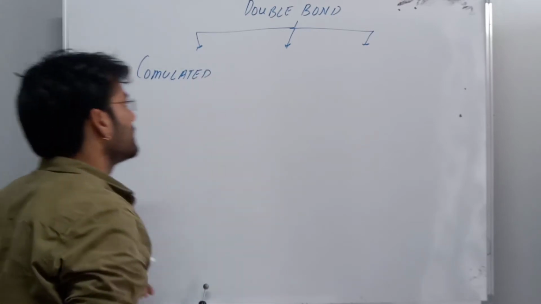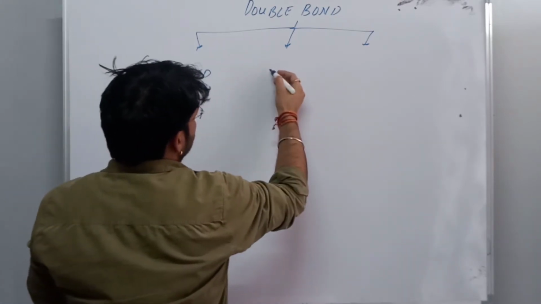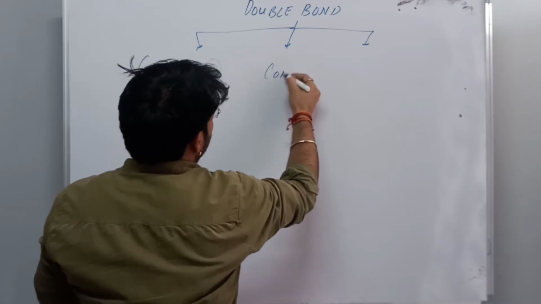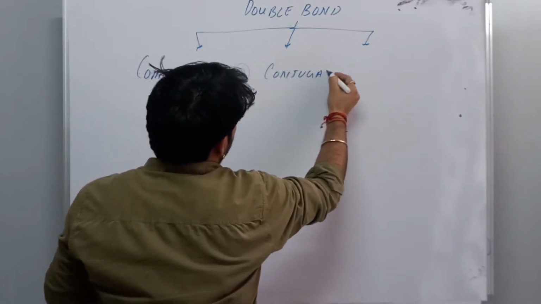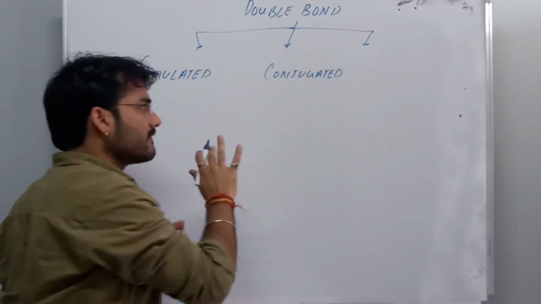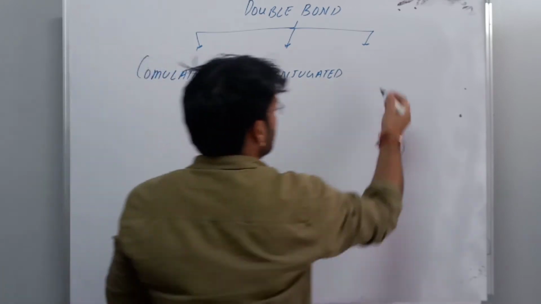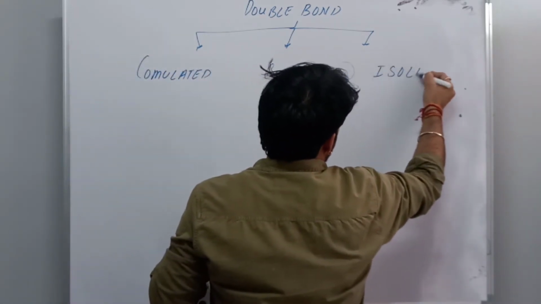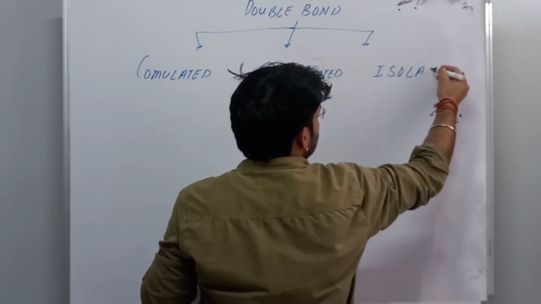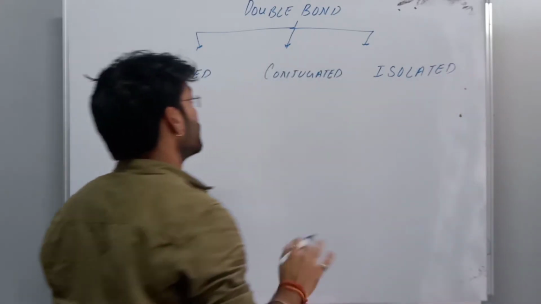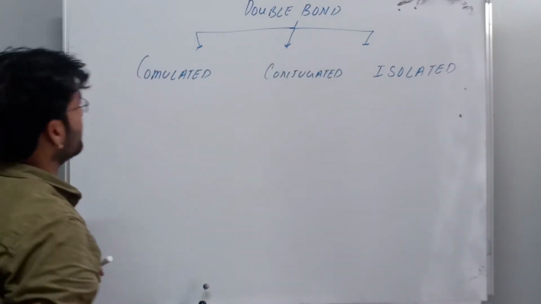Another one is conjugated. You are very well familiar with this. What about isolated? As the name indicates, isolated system. So these are the three types of double bonds.